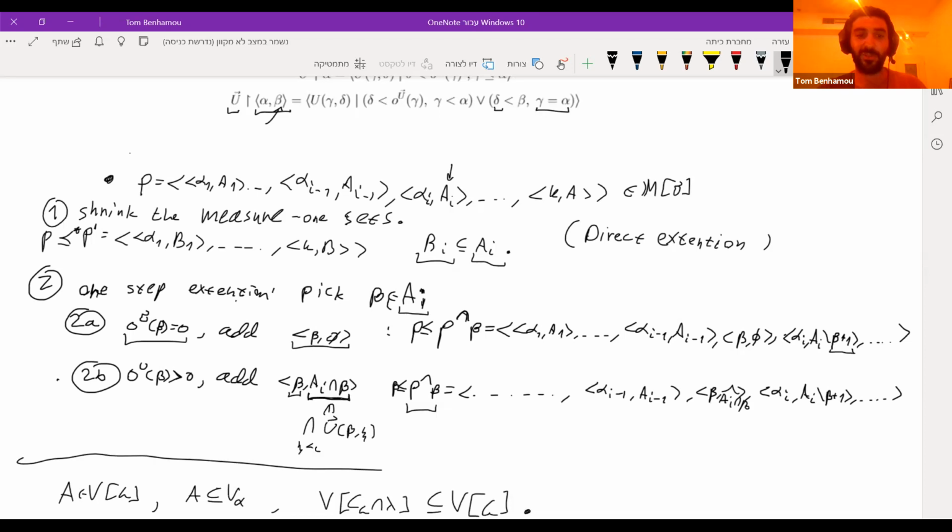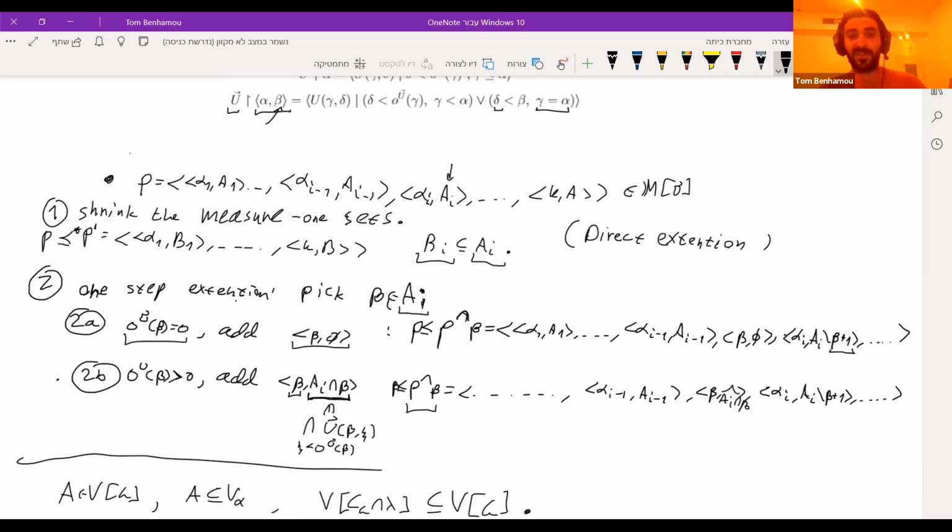So we can only choose candidates from the set of candidates on which the set AI reflects, in the sense that when you cut a set of candidates with beta, you get something which is in the intersection of all the measure 1 sets you have on beta. We can always make sure that given a measure 1 set, we can shrink the set of candidates such that every point is a reflection point.